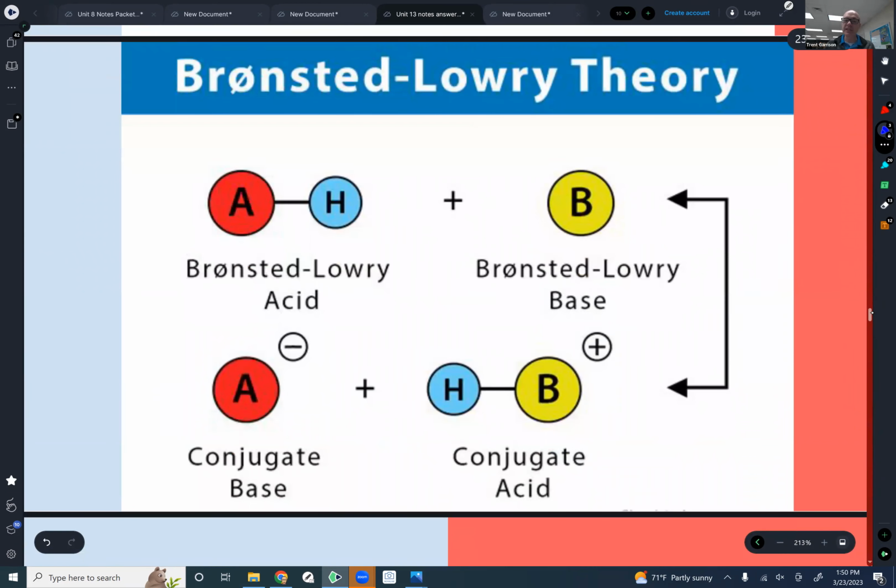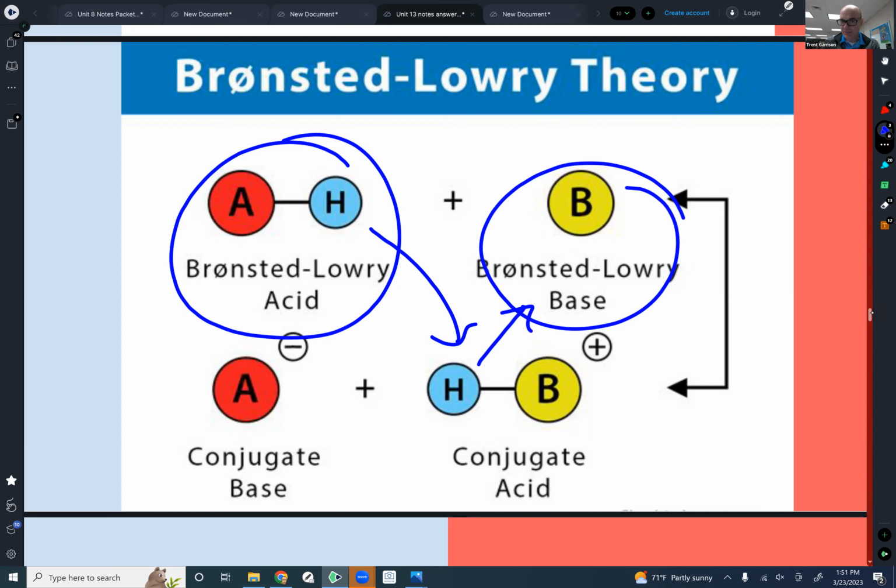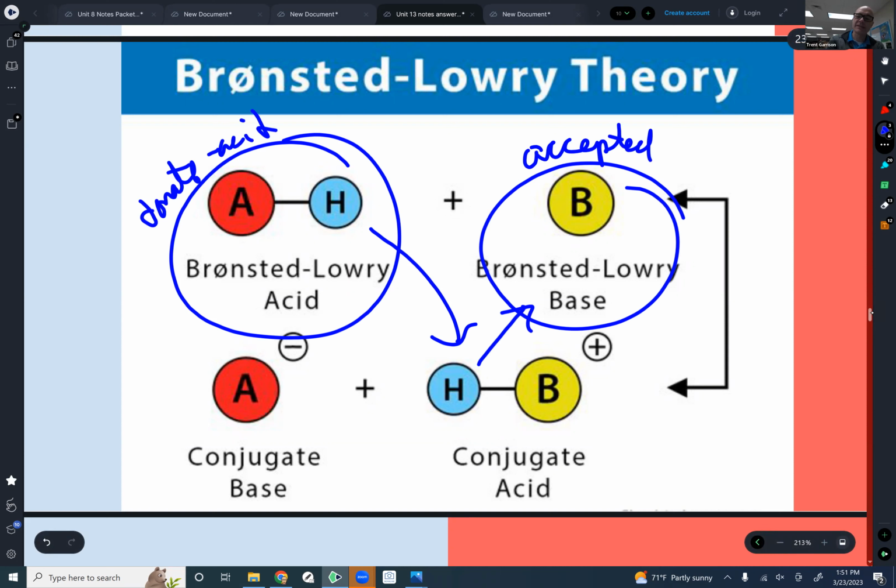In the Bronsted-Lowry, what we focus on for the acids is the same thing. The acid will donate a hydrogen, where the bases are going to accept the hydrogen. That hydrogen is donated if you're an acid. It is accepted if you are a base.